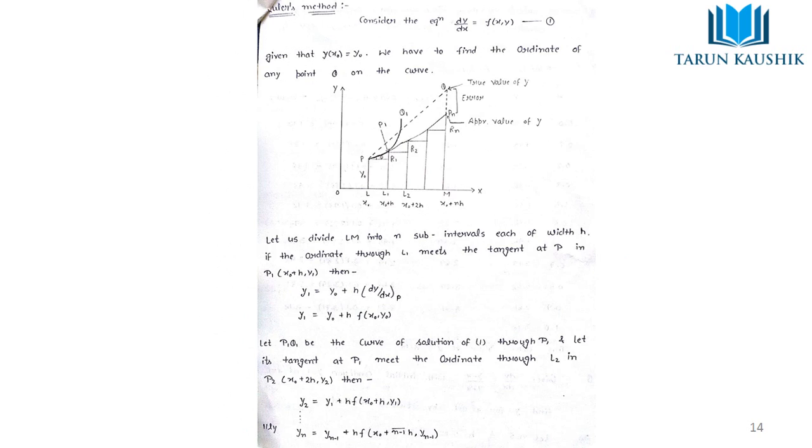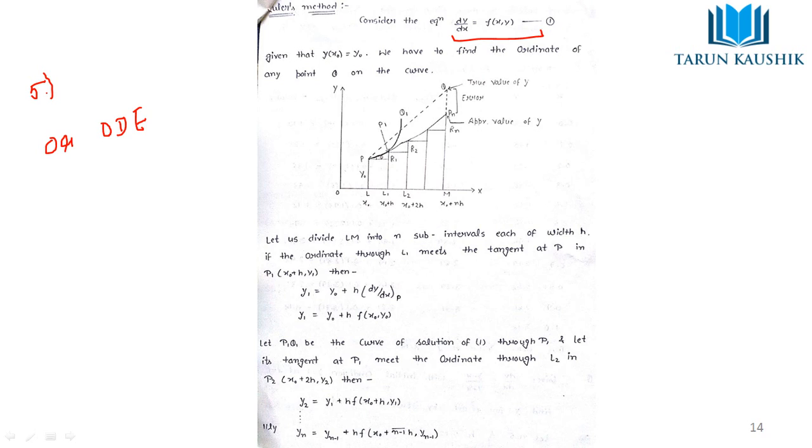Now Euler's method, this is the last and fifth portion of the numerical methods, that is, solving the ordinary differential equation, or ODE. In this, a differential equation will be given, and you are required to calculate the value of y at some particular point of x.